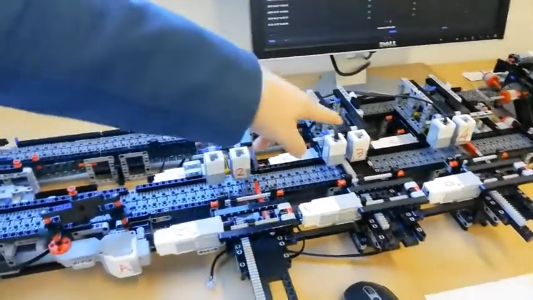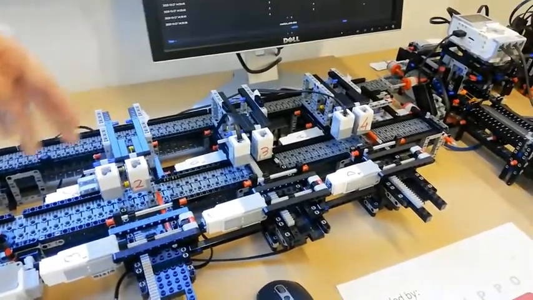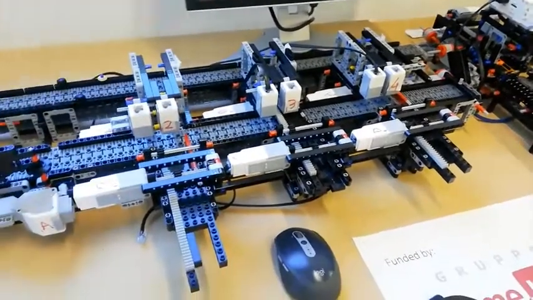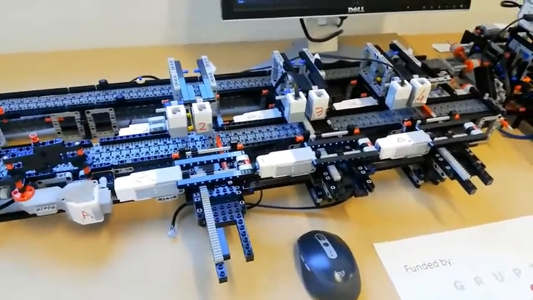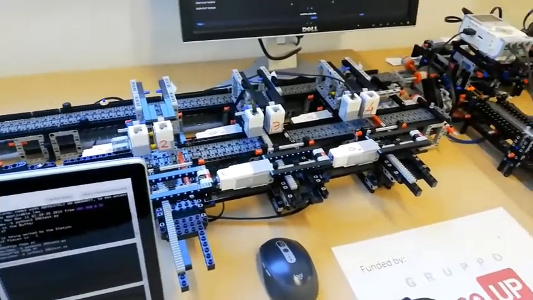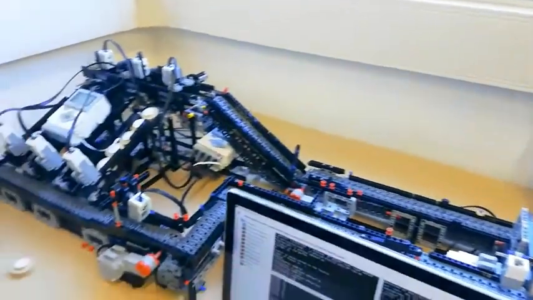We also have parallel machines, so we have three different stations, and the parts are loaded into the stations according to certain scheduling principles. So in this way we can, for example, optimize the scheduling and the scheduling algorithms used in production.